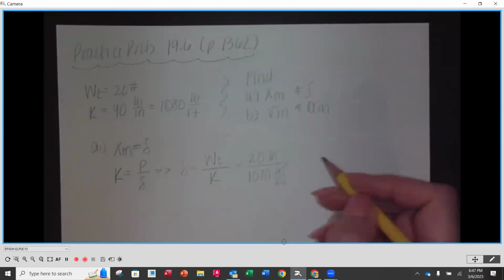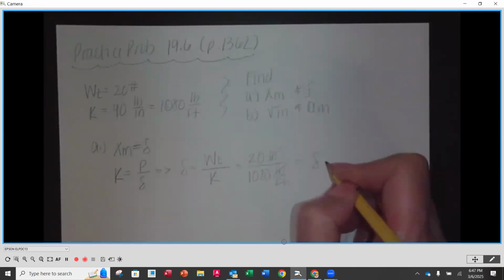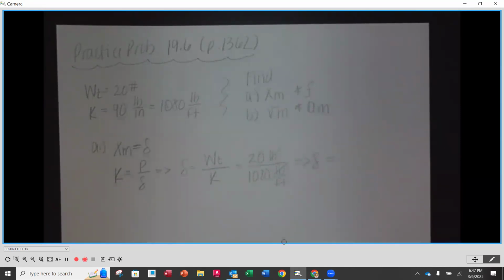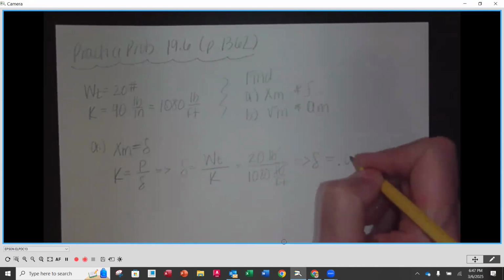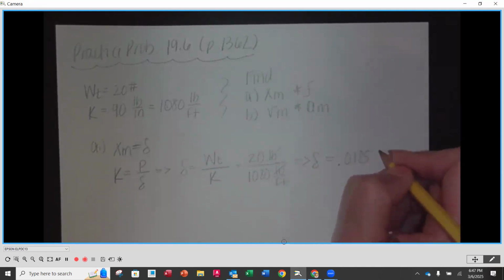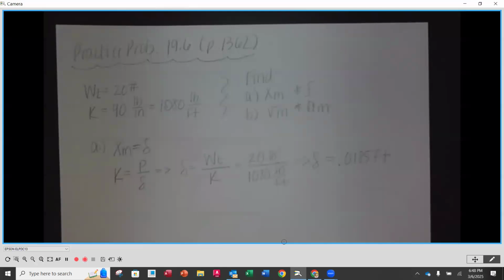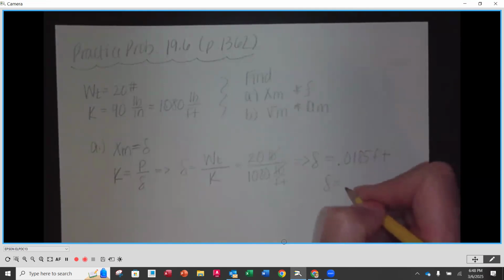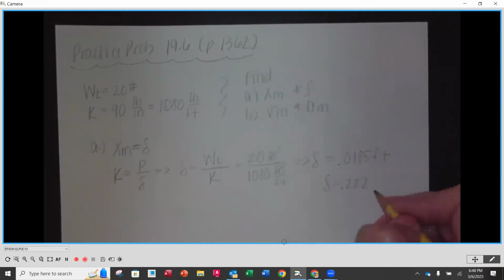Then we find our deformation. What do we get for our deformation? Josh got 0.0185, and that's in feet. It's a small amount of feet, and we usually don't do that, so let's convert that to inches to be more relatable. We multiply by 12, so you should get the deformation also equal to 0.222 inches.